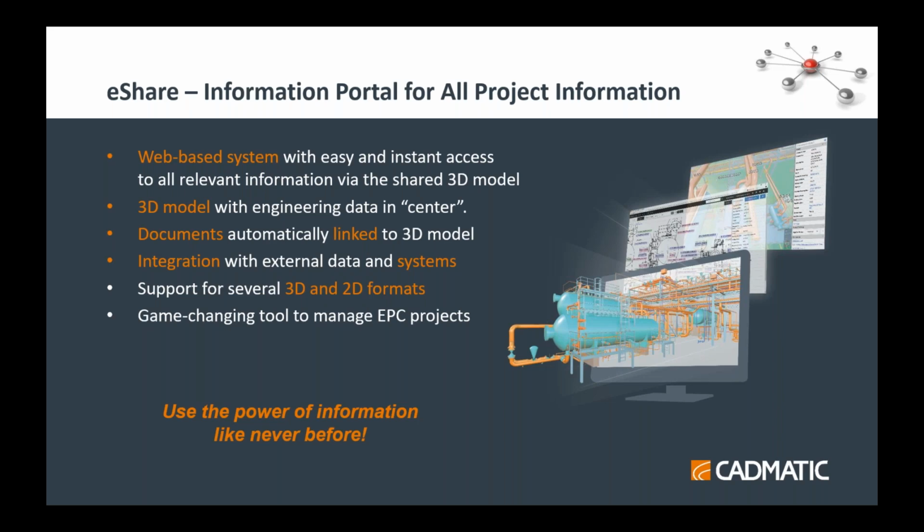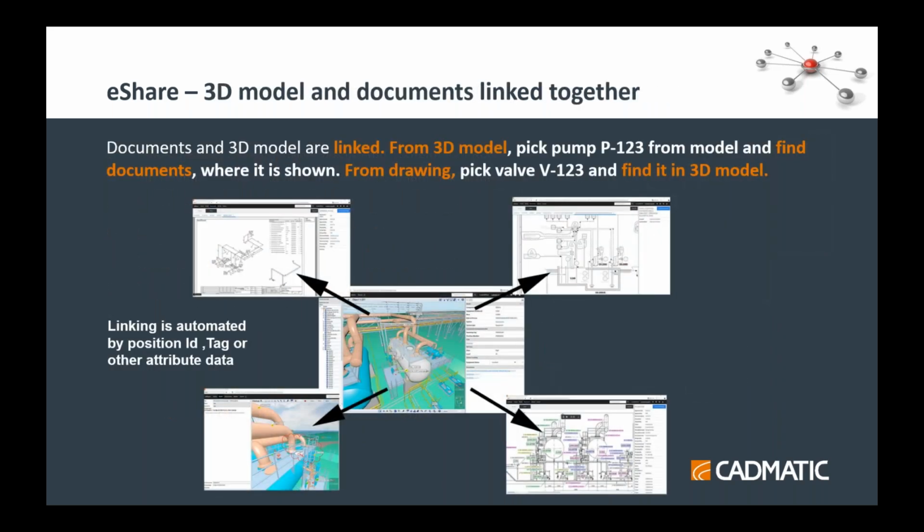Next, some details, some highlights of the functionalities which will be shown in more detail after my explanations. I told you that eShare can integrate and link with documents. In principle, and briefly said, it means that when you pick up an object in the 3D model, you will get a link to all such drawings and documents where that object can be found by its name or other attribute information.